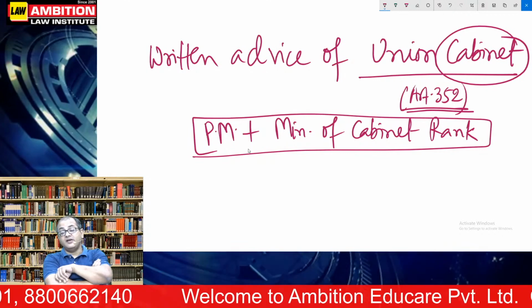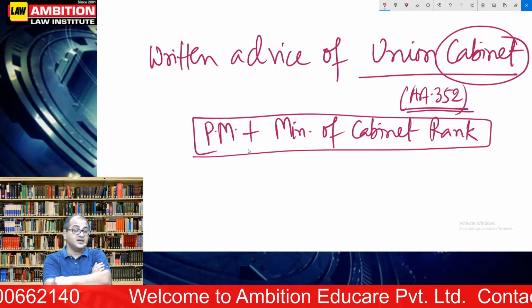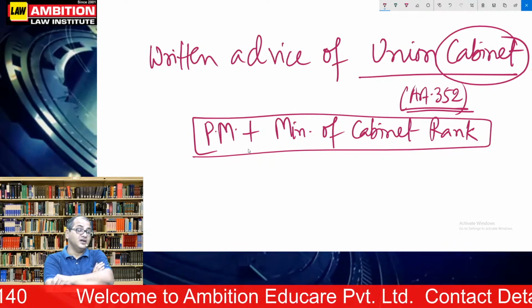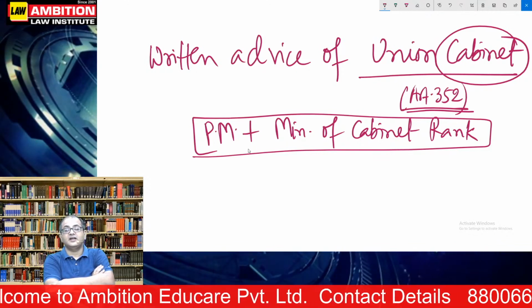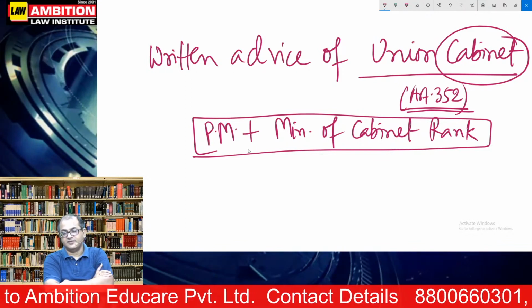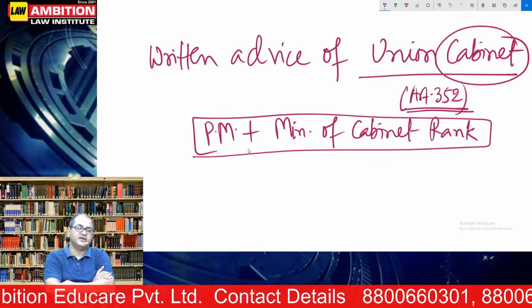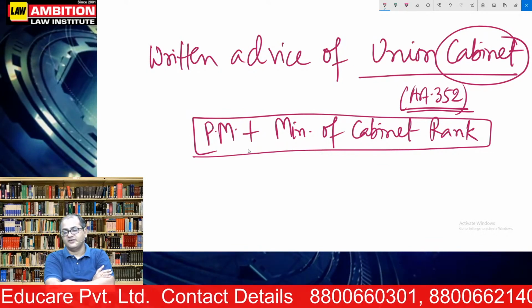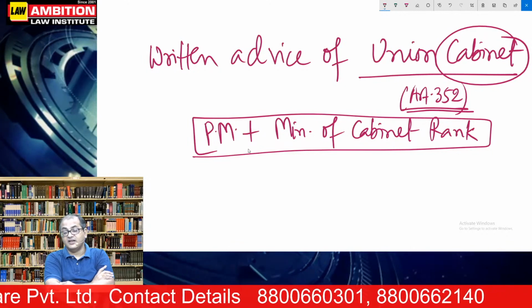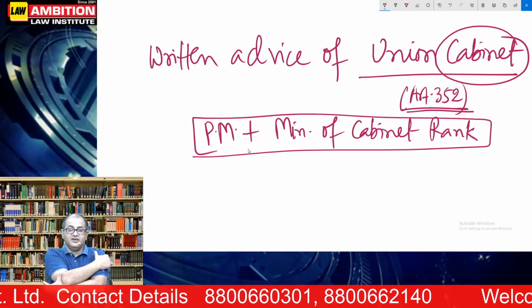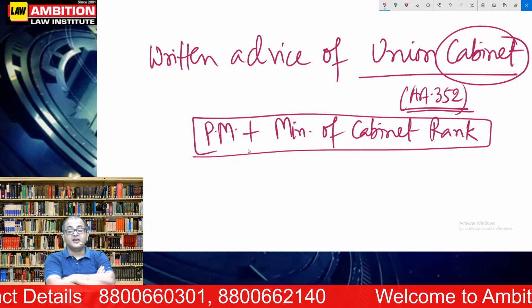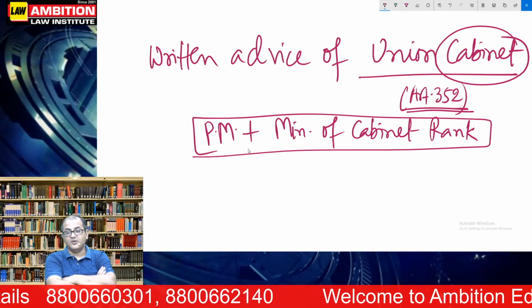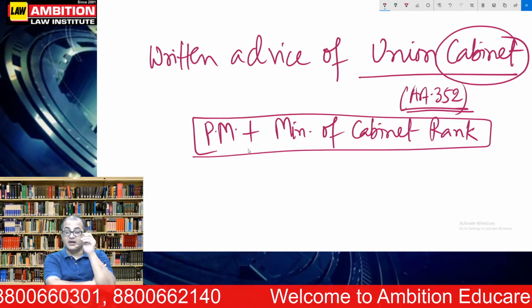Now, you may ask why it is written categorically here, though it is nowhere written. Because of what happened in 1975, I tell you: Indira Gandhi ji imposed national emergency, and she did not consult ministers. So the question was raised: no formal procedure was followed, why and how can an individual take a call?